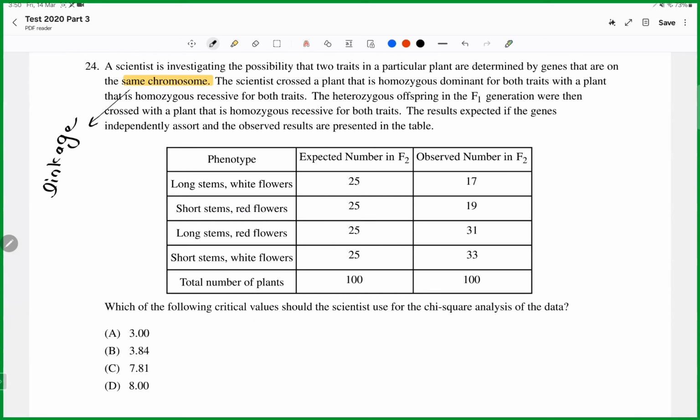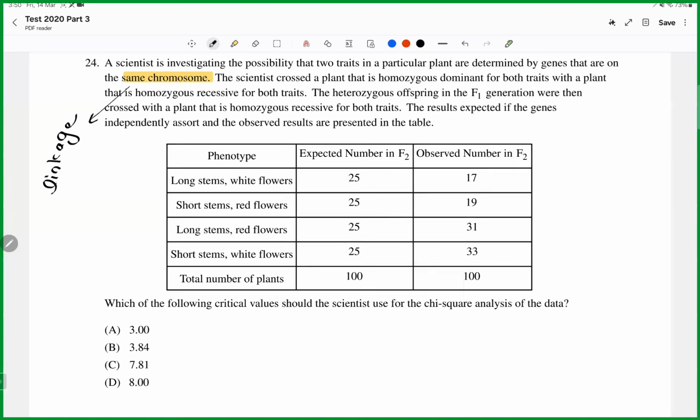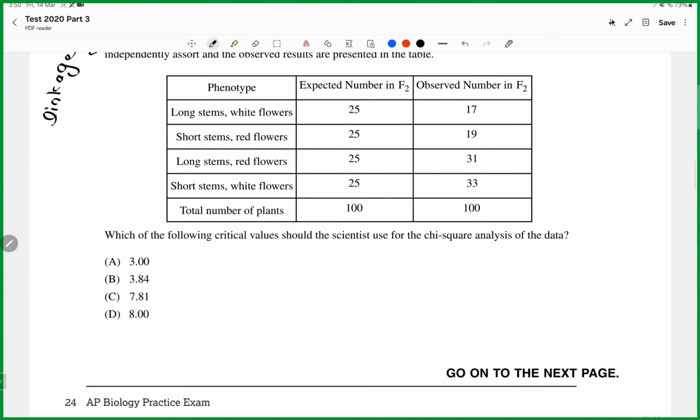Look. Actually, there's no chi-square here. There's no application of it. Exactly. Look. We have here 4 possibilities. Long stem, white flowers. Short stem, red flowers. Long stem, red flowers.